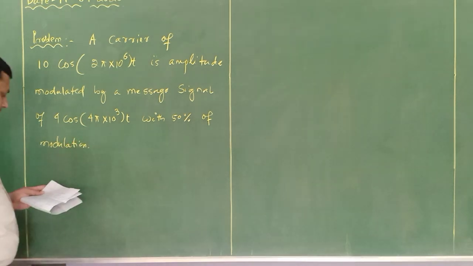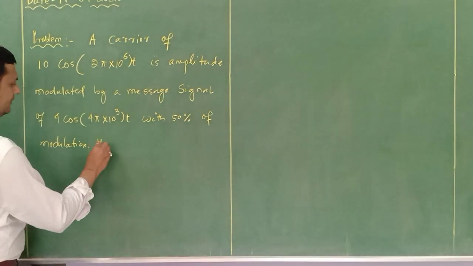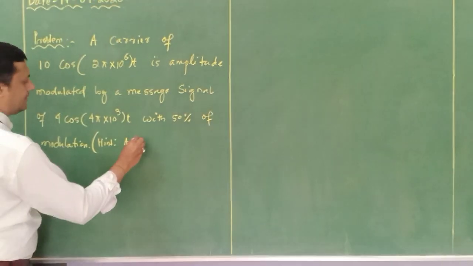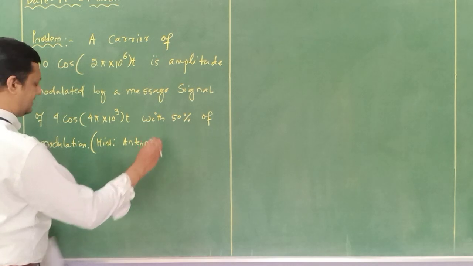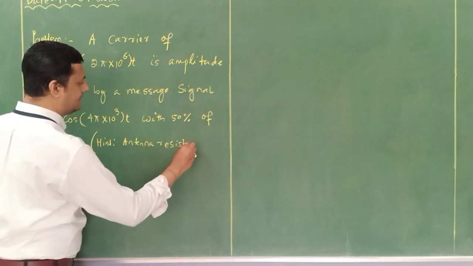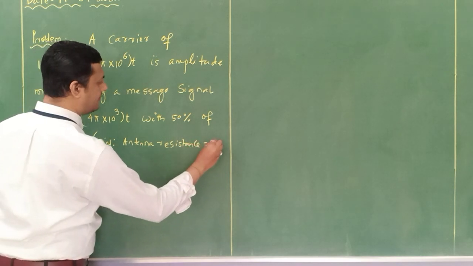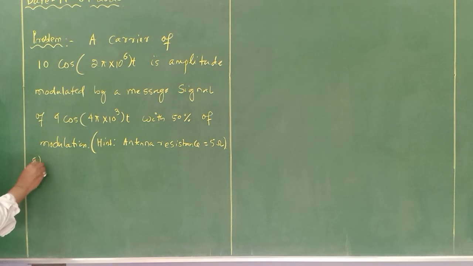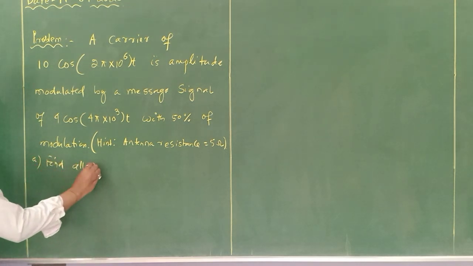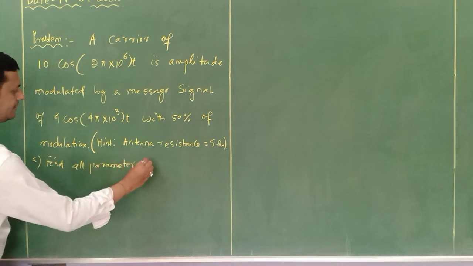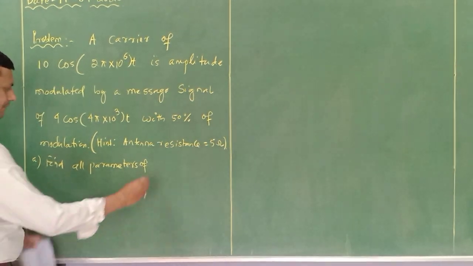And what we have to calculate, and the hint is given: antenna resistance given as 5 ohm. This is the hint, and we have to find all parameters of AM.